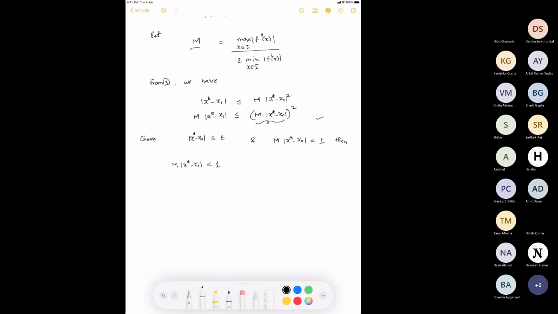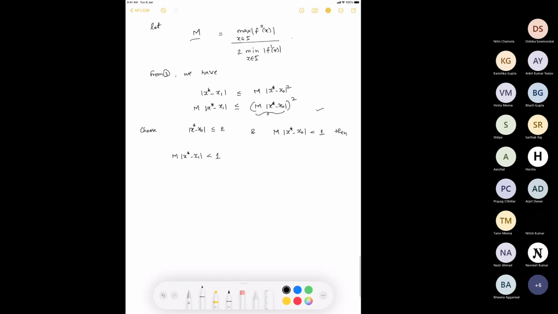That is the first conclusion I have. And secondly, since we know that this quantity is strictly less than 1, what can we say if I take this quantity x star minus x naught squared and x star minus x naught? Which one will be bigger and which one will be smaller?